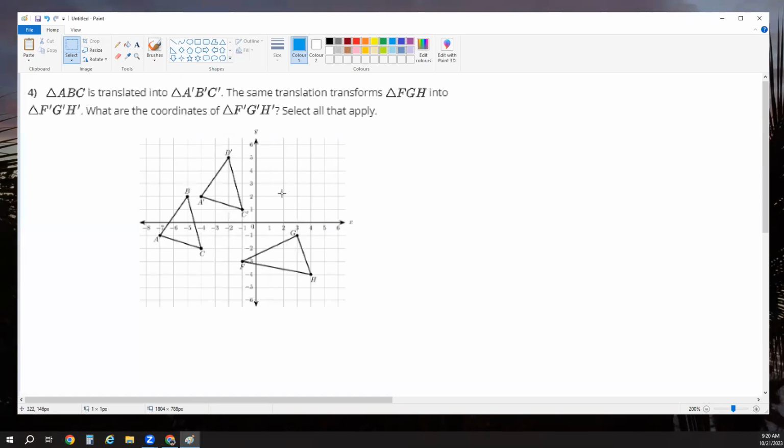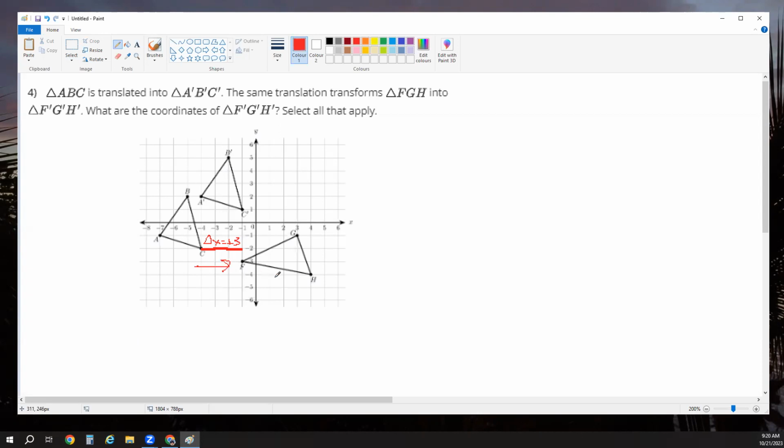Right. So a couple ways you can do this. You can coordinate count. There's no reason not to on this one. It's pretty easy. All right. So my change in X is 1, 2, 3. So my delta X is positive 3, right, because it went this way.